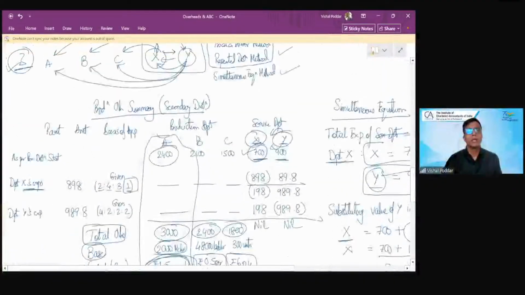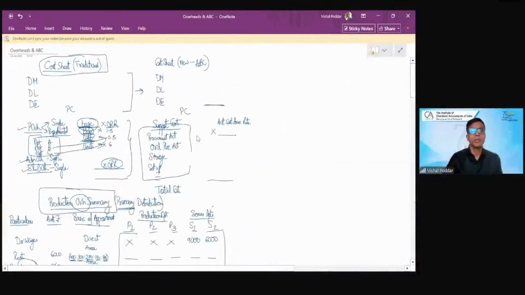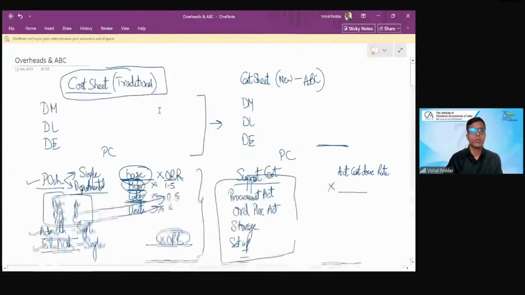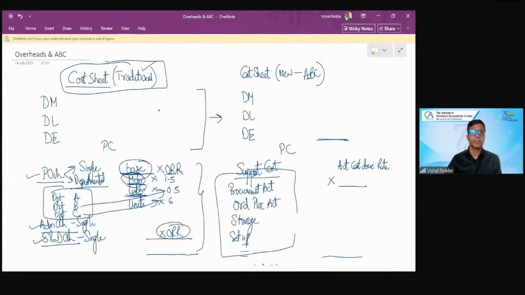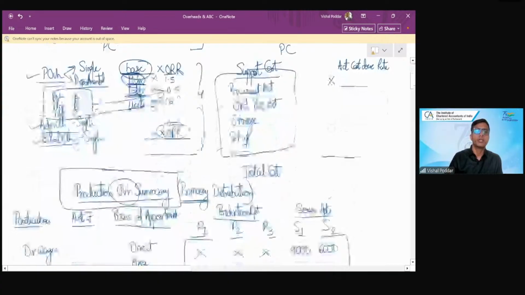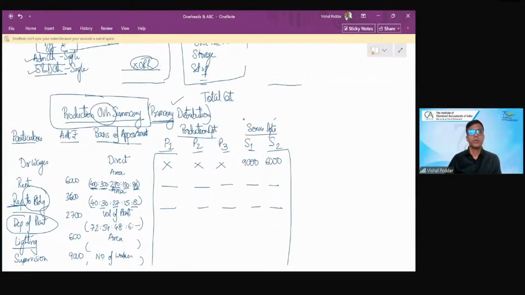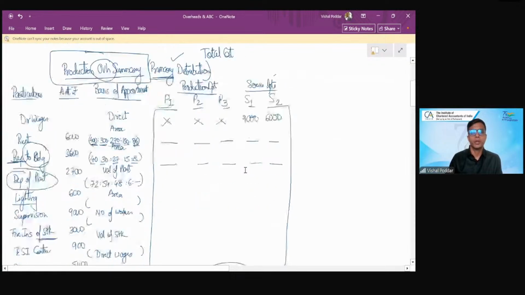we have different aspects in your overhead chapter. And now I link it with ABC. What we do is now called traditional, because for doing the same thing, that is charging the overheads, we now have a new approach, which is called activity-based costing. In our traditional approach, we first distributed the overheads between departments, which is primary.